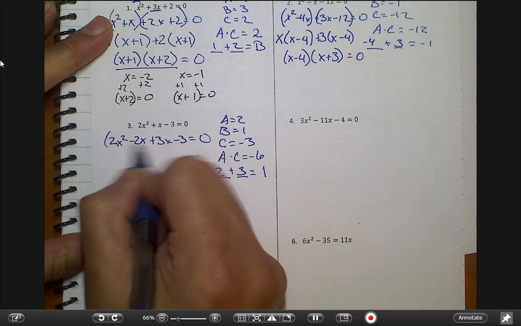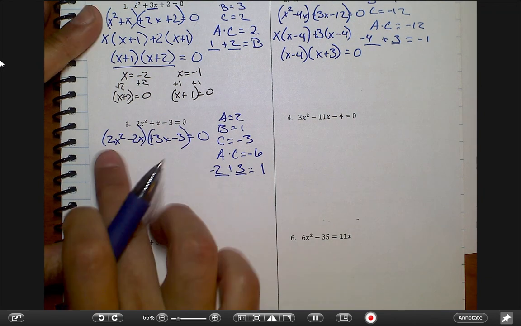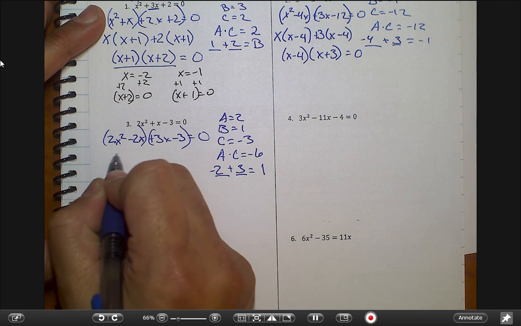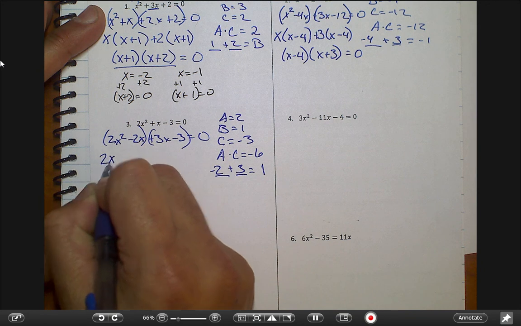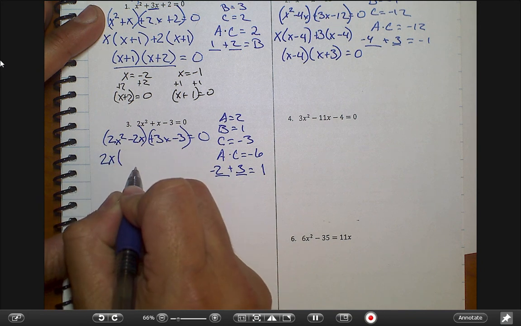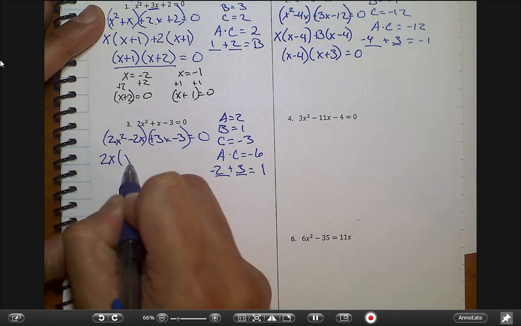All right, 2 at a time. What can I factor out of that first group? A 2 and an x, so it's 2x. And I'm left with just x, right? Because 2 divided by 2 will cancel, so it's x.